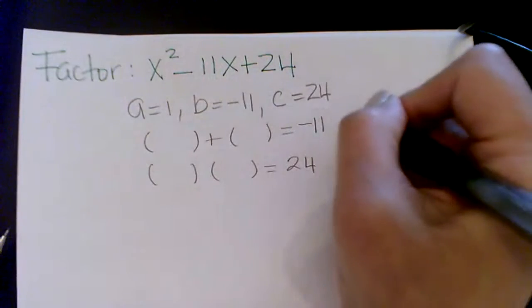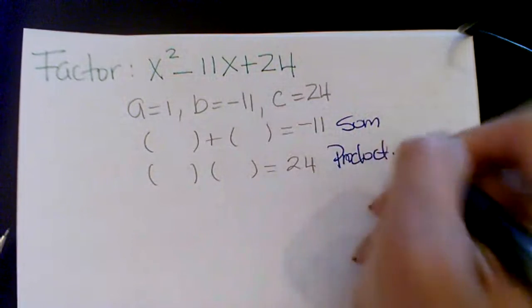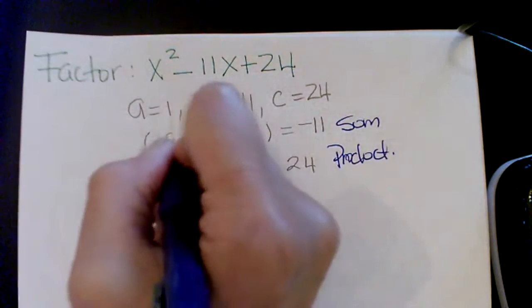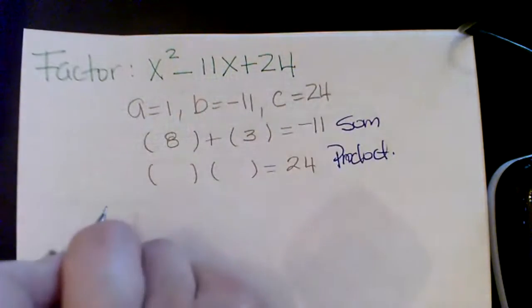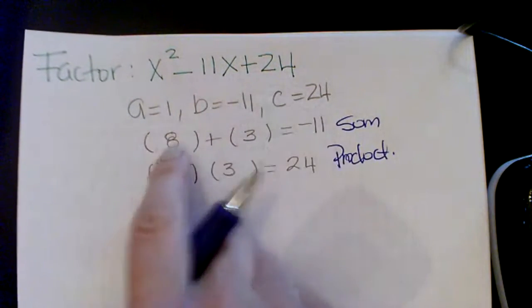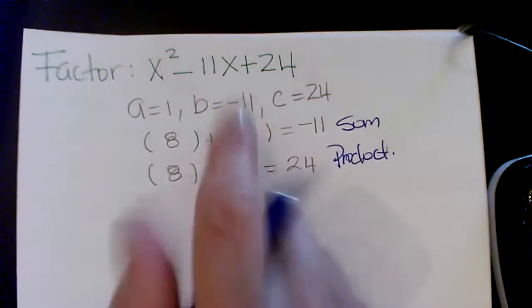So here is the sum, and here is the product. 8 times 3 is 24, and 8 plus 3 is 11, but we need a negative.